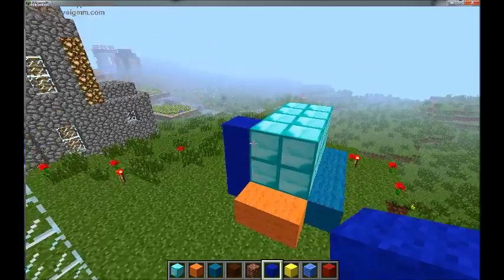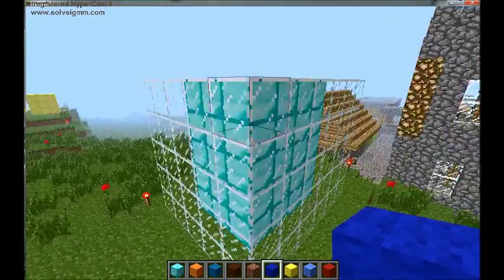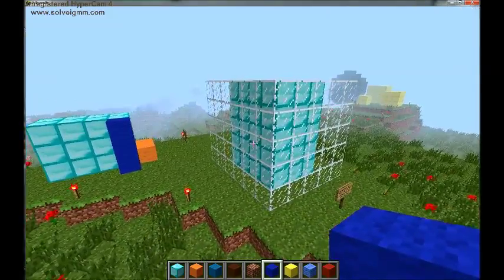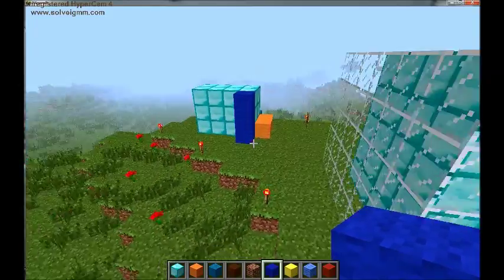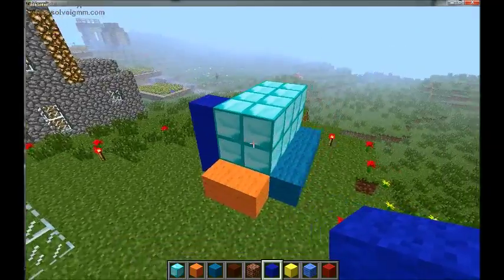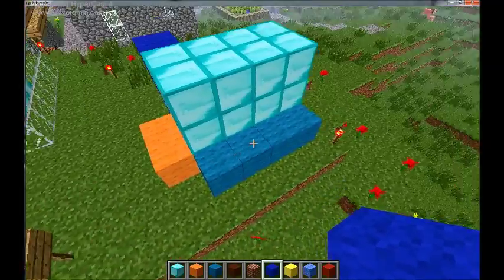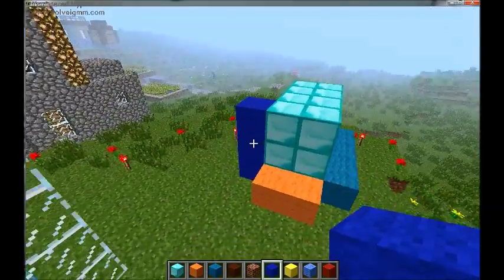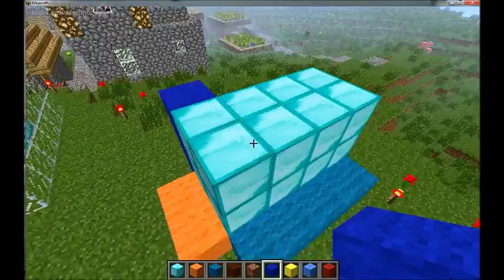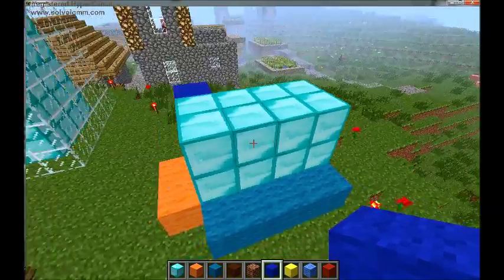If the pattern we found in this first prism, length times width times height, is true, then it has to be true for all rectangular prisms. So I should be able to take 2 times 4 times 3 and get the volume of this diamond rectangular prism right here. So let's try that.